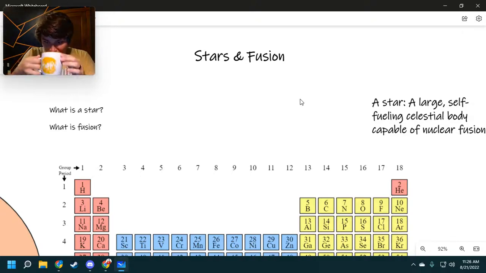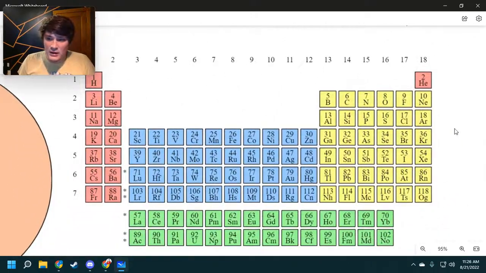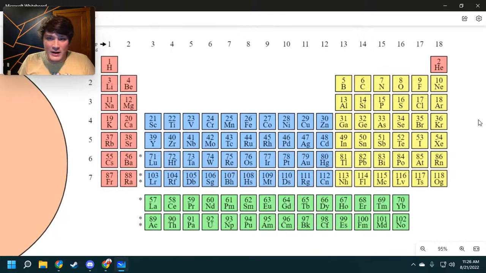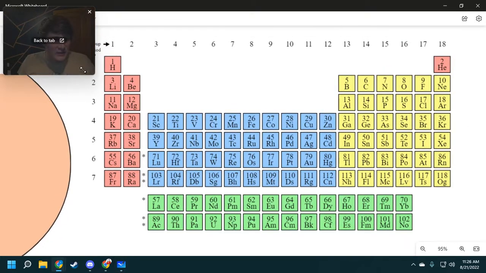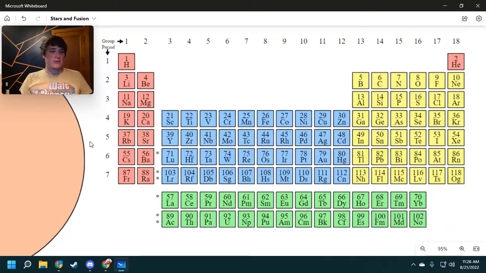Now, in order to talk about nuclear fusion, we have to look at the periodic table of elements. You might be familiar with this periodic table, or you might not be. If you've taken physical science or chemistry, you've probably seen this before. This is a table that shows all of the elements in the universe that we know of.